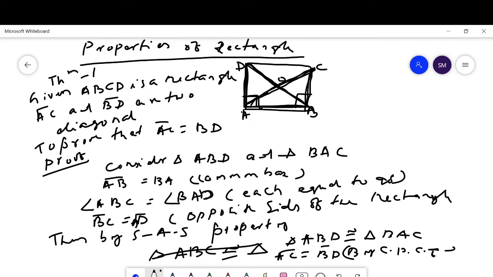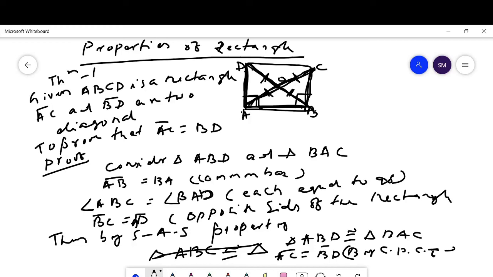Then we have to prove that the diagonals of a rectangle bisect each other, meaning AO is equal to CO and BO is equal to DO. Consider the triangles ABO and CDO.